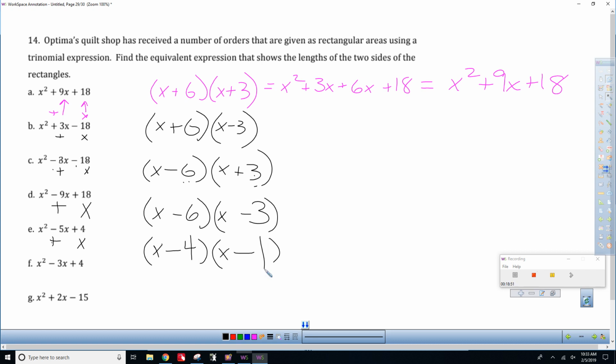Negative 4 times negative 1 is positive 4. What's negative 4 plus negative 1? Negative 5. Multiply to be positive. Add to be negative. What do they have to be?